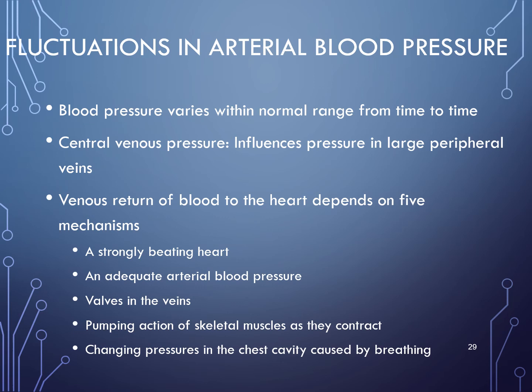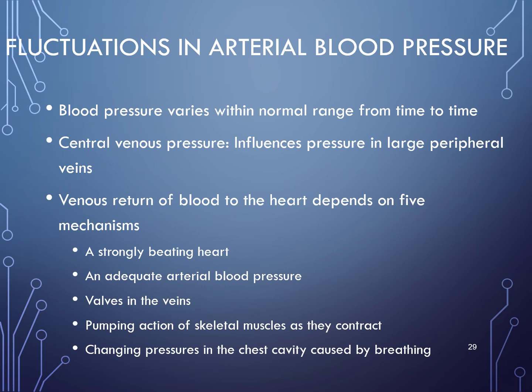So venous return of the blood depends on 5 mechanisms that are mentioned in the book. One is a strongly beating heart. If the heart is working properly and adequately, then we're going to have low venous pressure, which is good. An adequate arterial blood pressure is going to be key. The valves in the veins, are they working adequately and are they functioning properly?